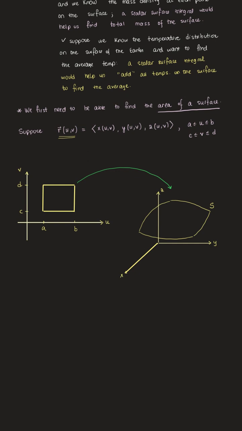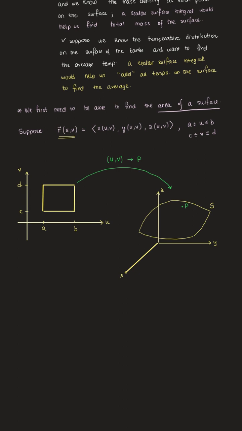Our transformation takes any point u, v and gives it a point P on our surface S. Okay, so let's imagine that we want to know the area of our surface S. How do we do that?